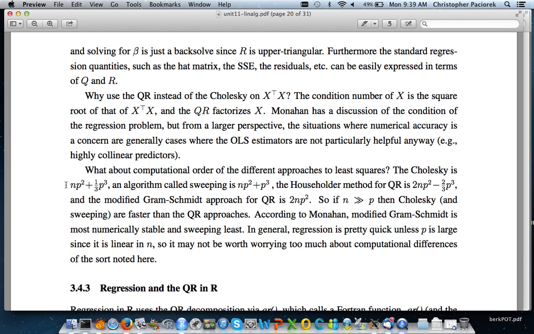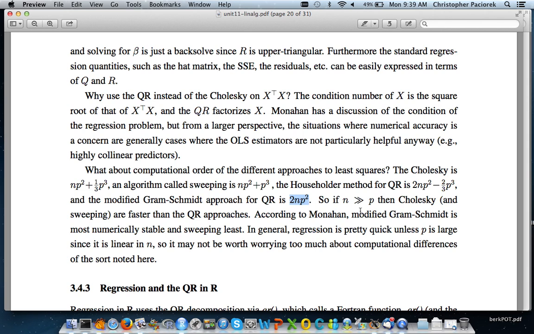And what you would see is that basically for the Cholesky, it's this term with n's and p's in it. There's another thing called sweeping that looks like this. The Householder method for QR, which we're going to see in a second, is this. This is another approach to doing QR. As you look at the constants in front of the np squared and in front of the p cubed, each of these has an np squared, and then some of them have a p cubed.